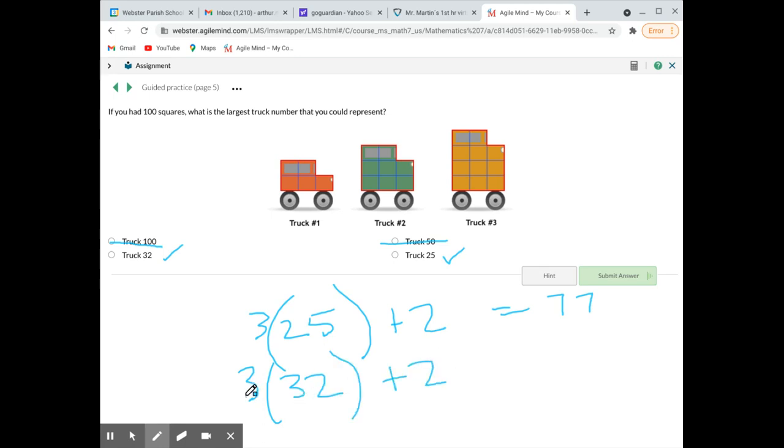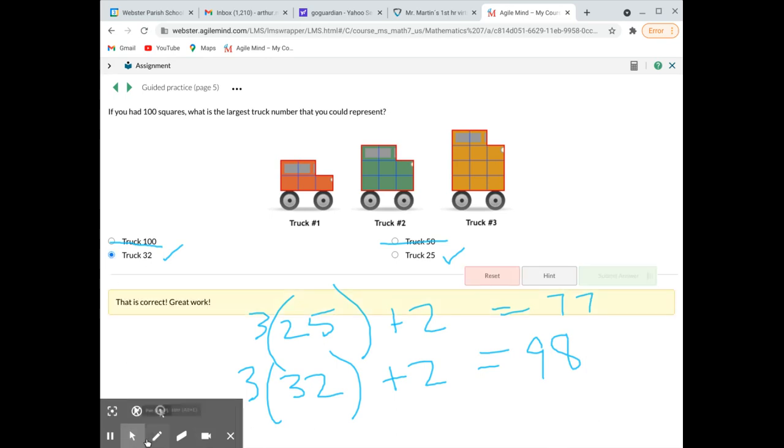What's 32 times 3? 96. And what's 96 plus 2? 98. All right. So which one's going to be the biggest one? 32. All right. Perfect.